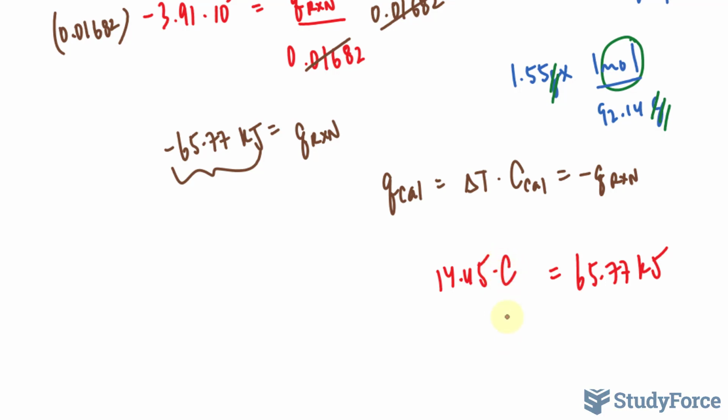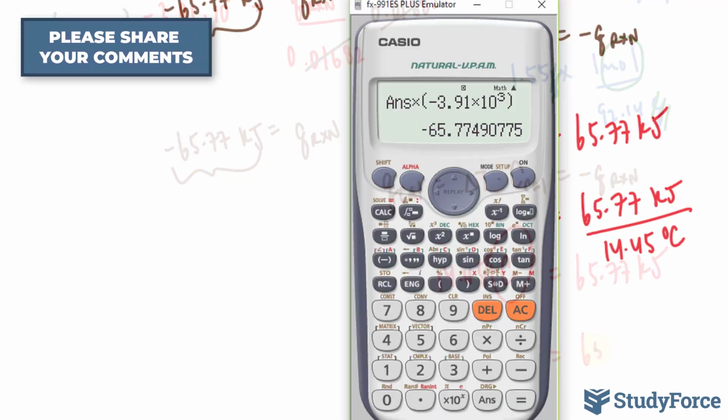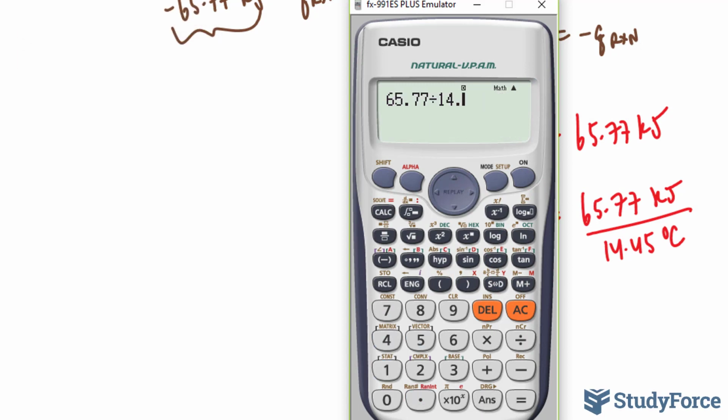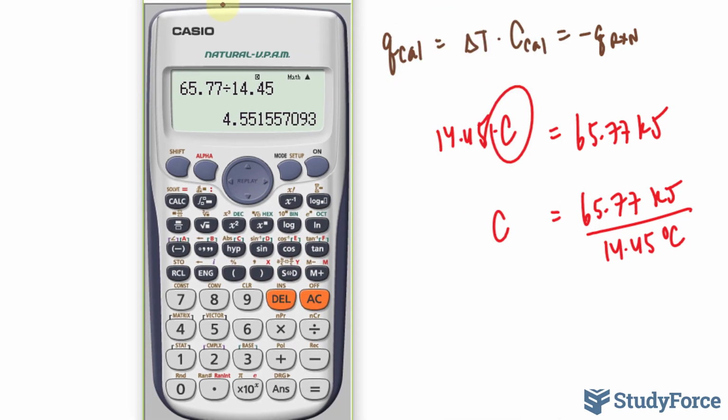And this is being multiplied to C. Dividing now both sides by 14.45 to solve for C, I end up with 65.77 divided by 14.45, and I end up with a heat capacity of 4.55 for this bomb calorimeter.